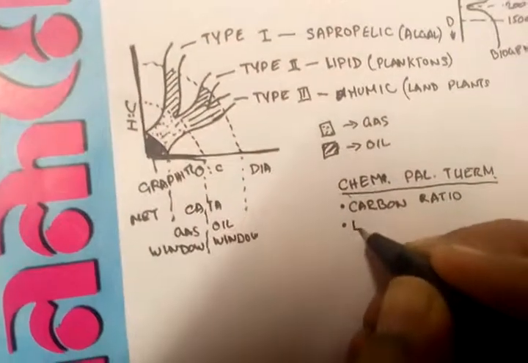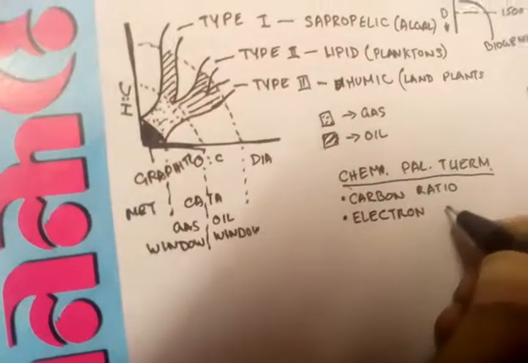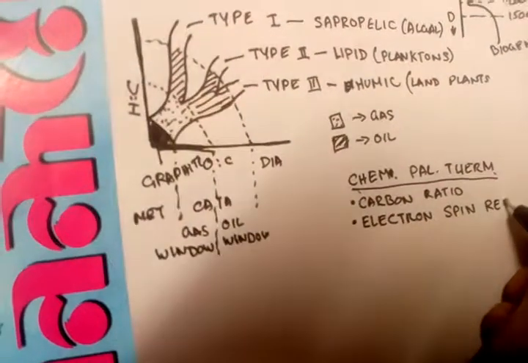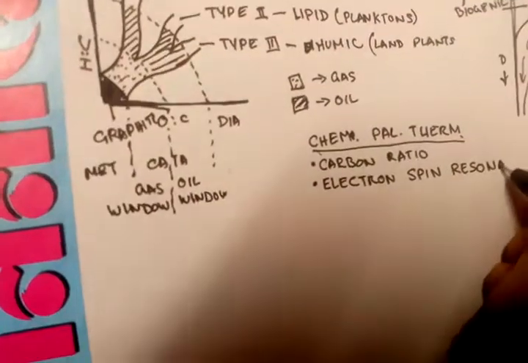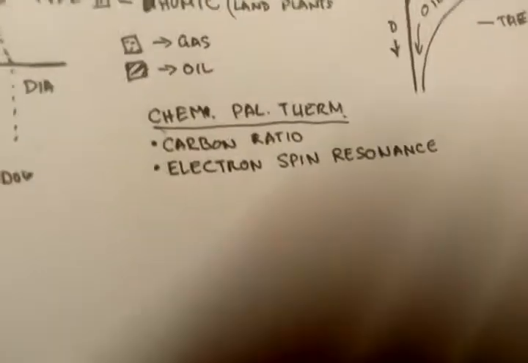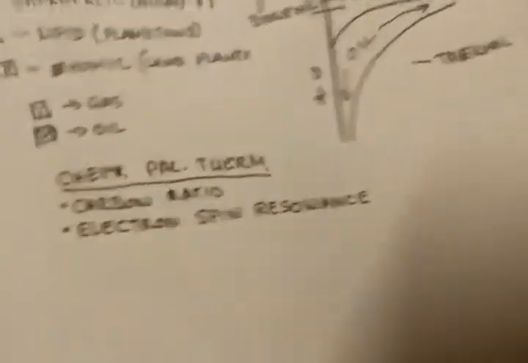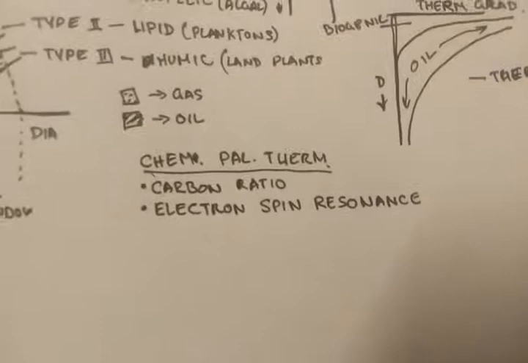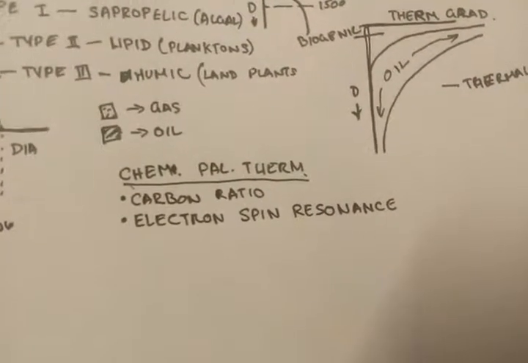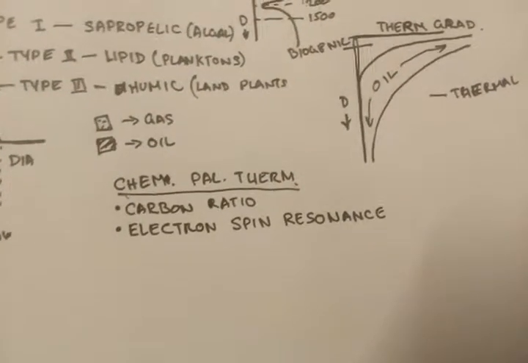Next thing is electron spin resonance. This ESR, the crude oil has certain free electrons, and the nature of these free electrons is controlled by the temperature to which it has been subjected.